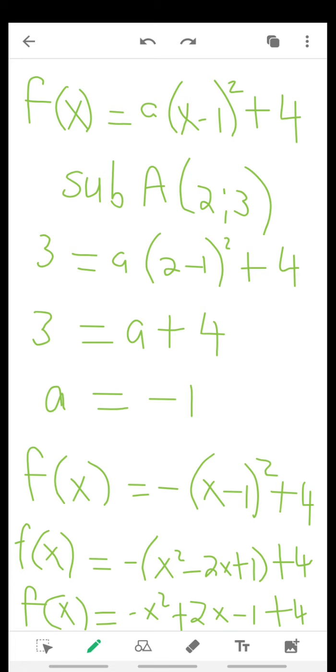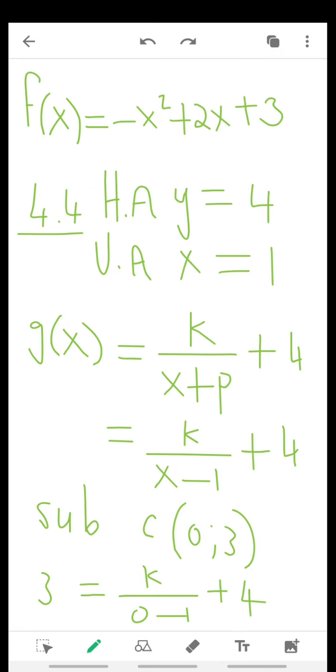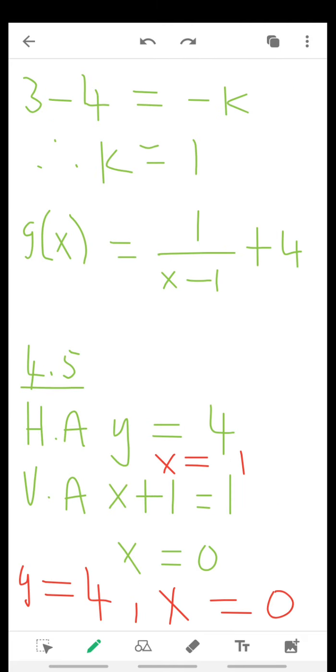Functions are like your giveaway marks. Once you do more questions, then you become better at your maths. The only way to know maths is to do maths. If you don't do maths, then obviously you will have a problem with maths. So I'm encouraging you to do as many questions as possible, and then you will be fine.